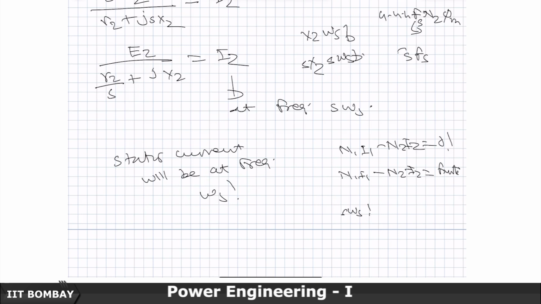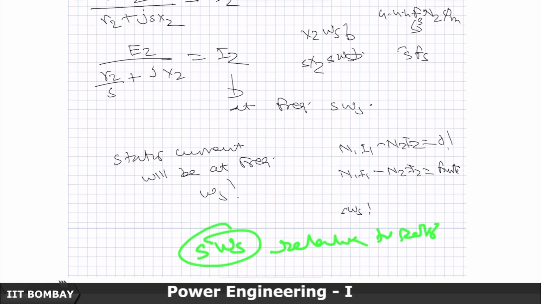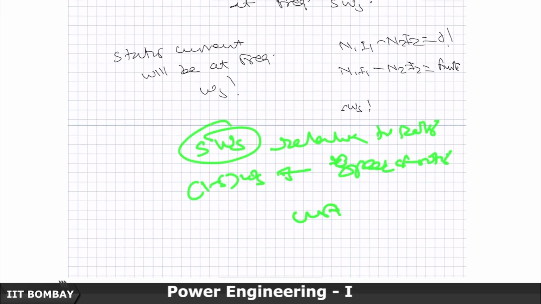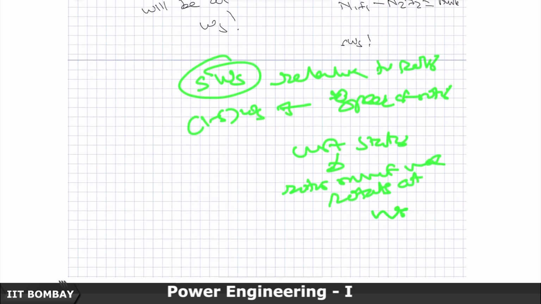Because the rotor MMF wave is rotating at s omega s relative to the rotor, but the rotor itself is rotating at omega s times one minus s. So with respect to the stator, this rotor MMF wave rotates at omega s speed.